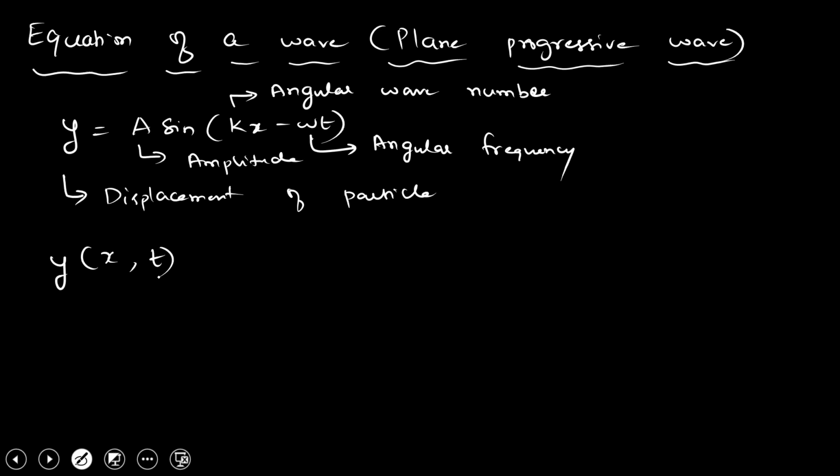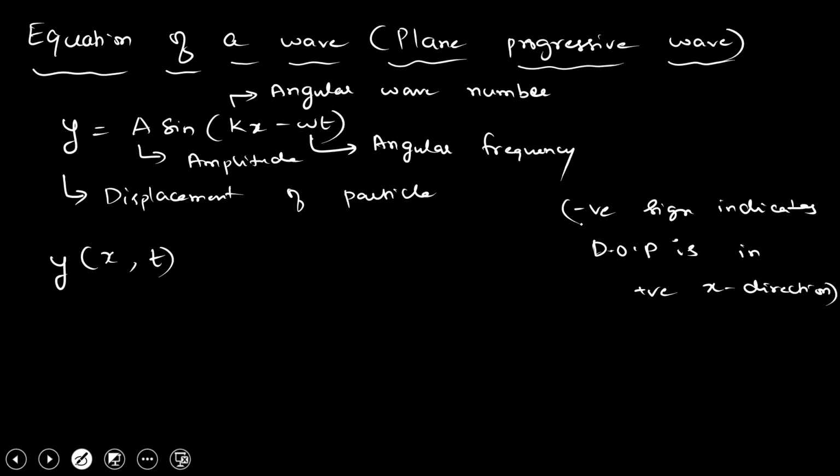The negative sign indicates that the wave is traveling in the positive x direction. I'm not showing you the derivation of this.